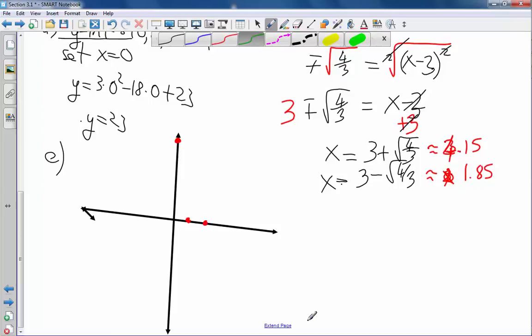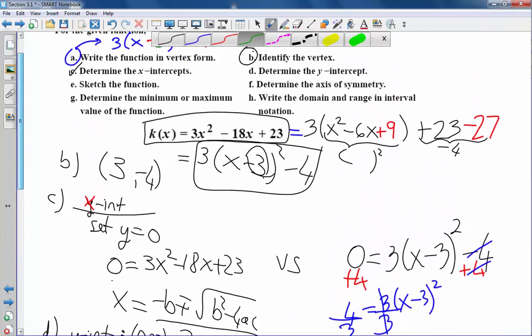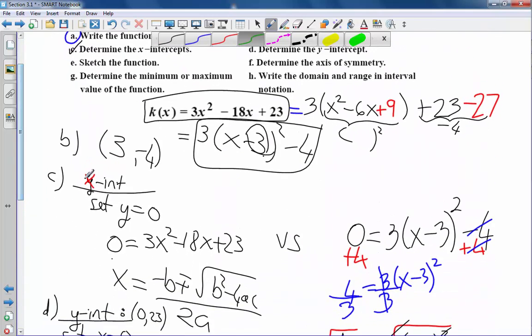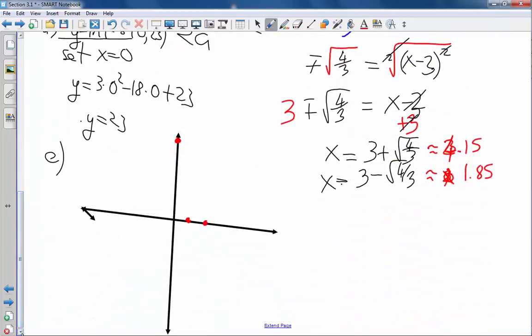The seed tells where the tip of the mountain is going to be, or the deepest point of the valley. Where is the seed? 3, negative 4. 3 is right between these guys, negative 4 is down somewhere here. Now this explains things. Now there is a seed here, 2 branches will grow from this green dot.